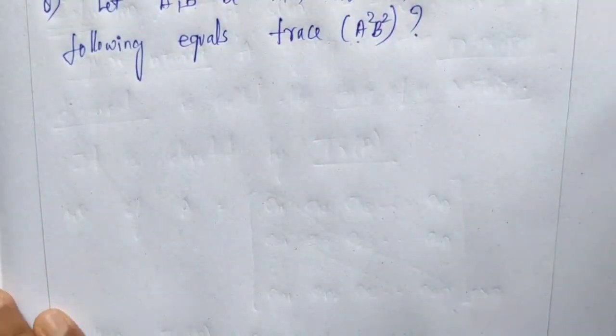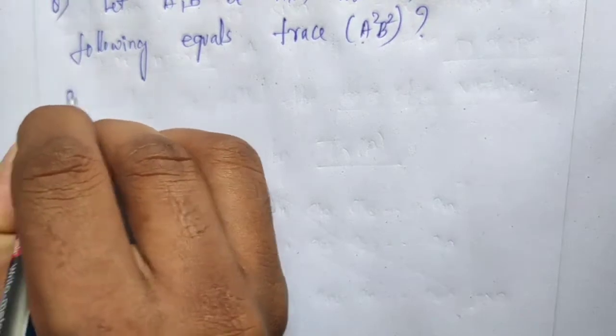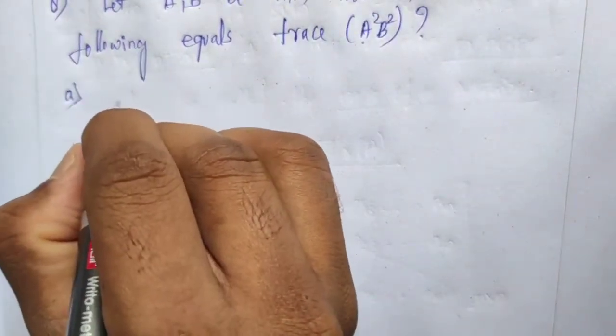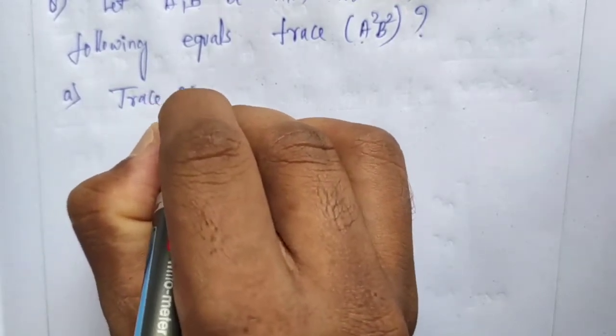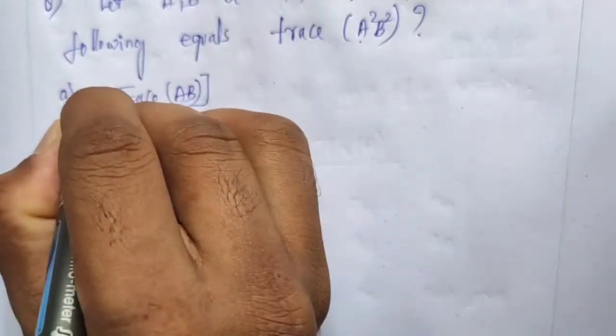In the options: option A, trace of AB whole square.